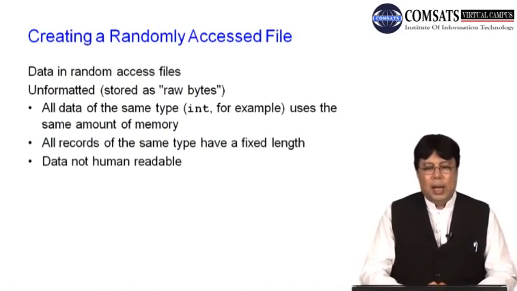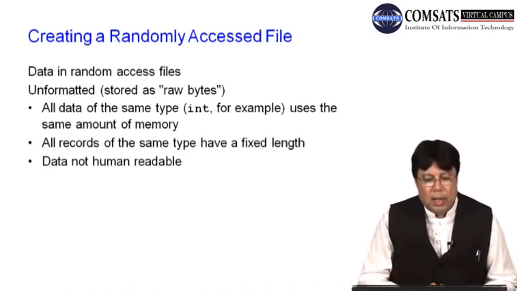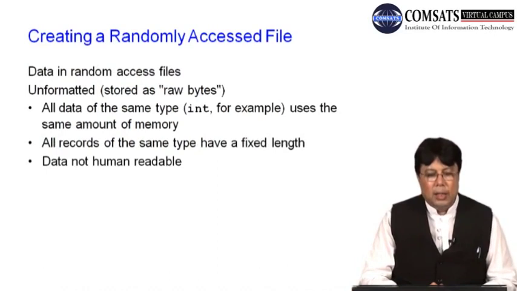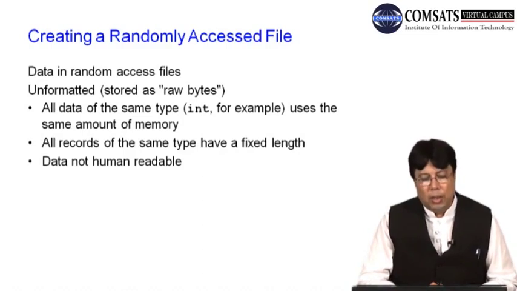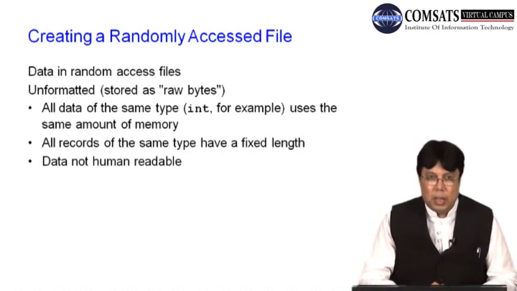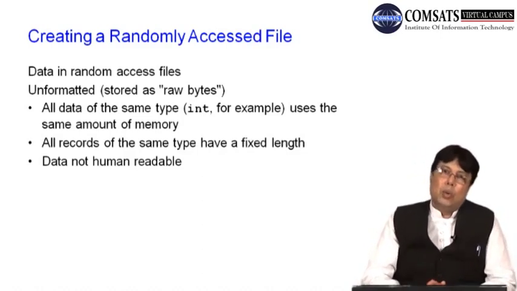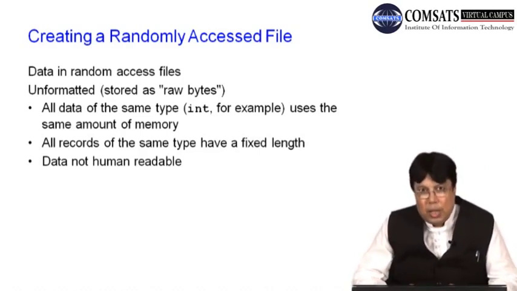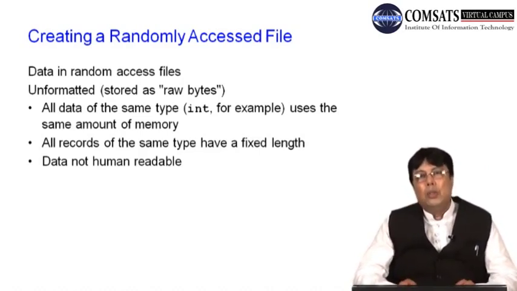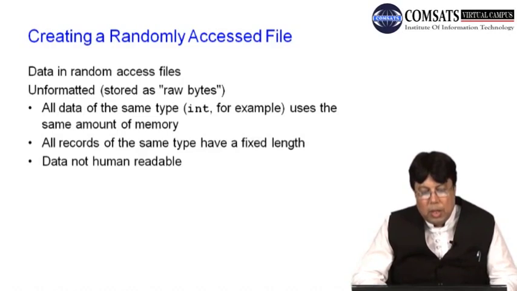So we can create a random access file, and this record is not like the other sequential file record. This time it is unformatted data, meaning it is stored as raw bytes. Stored as raw bytes means whatever the internal representation of the data is, you are bound to use that internal representation.